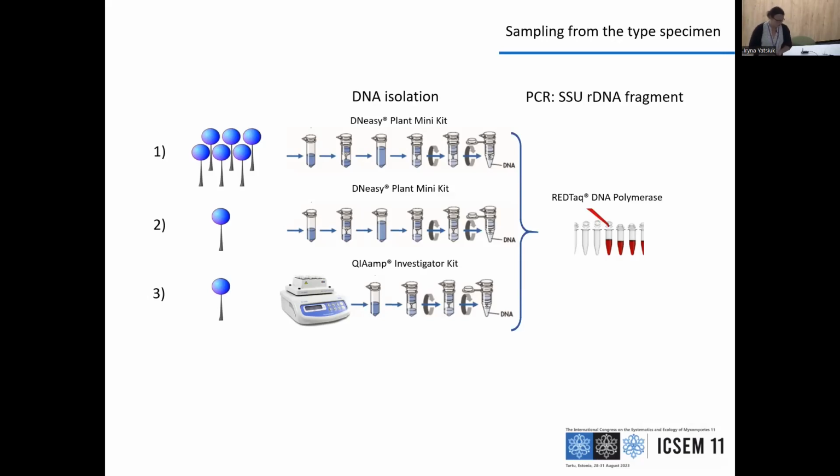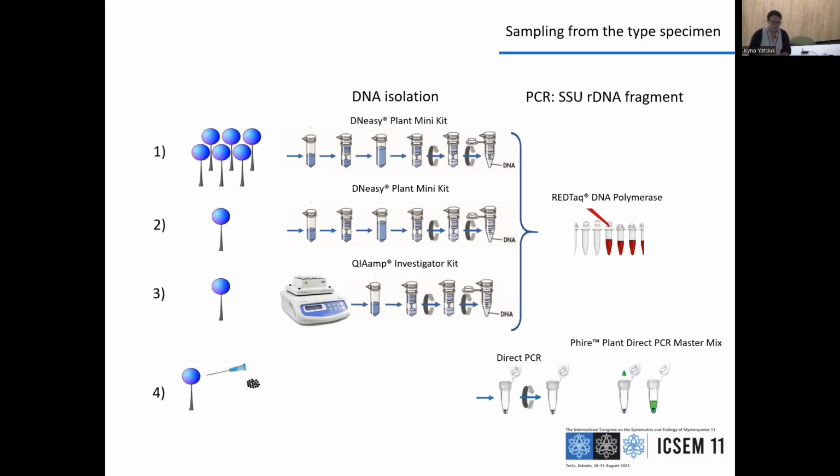But we also invented a totally new protocol for which we need only a portion of spores. We simply pinch the sporocarp with an injection needle, and those spores which attach to the needle are taken. Then, with the omission of the genomic isolation step, we directly obtain the given DNA fragment with Phire Plant Direct PCR Master Mix.